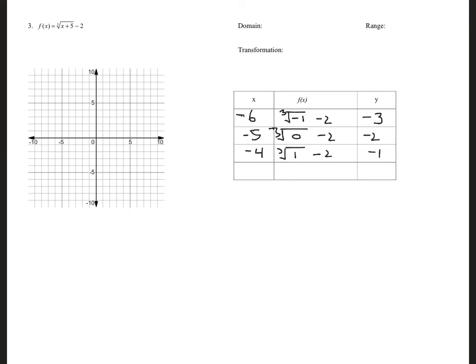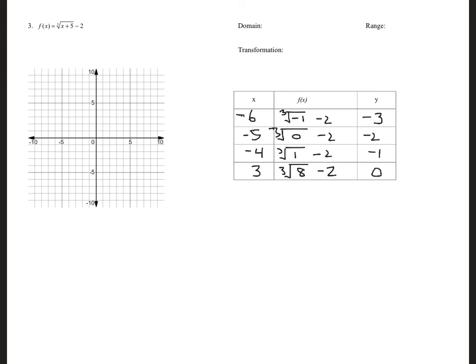So we get negative 1. And what other value is going to be good for us? Let's try 3, because that will give us 8. So we get cube root of 3 plus 5, which is 8, minus 2. So that will be 2 minus 2, so we get 0.